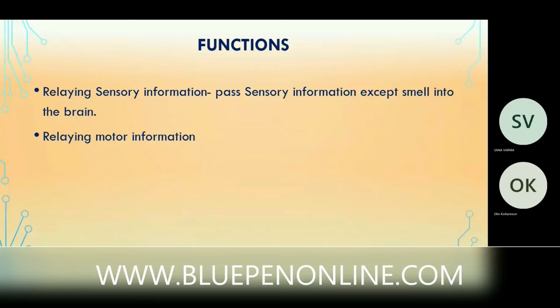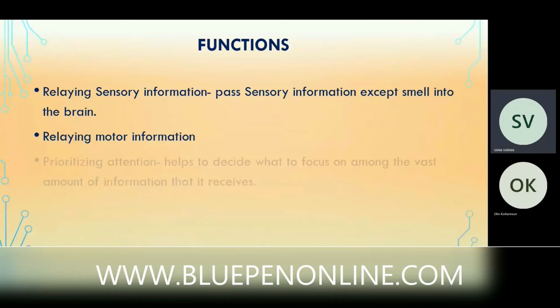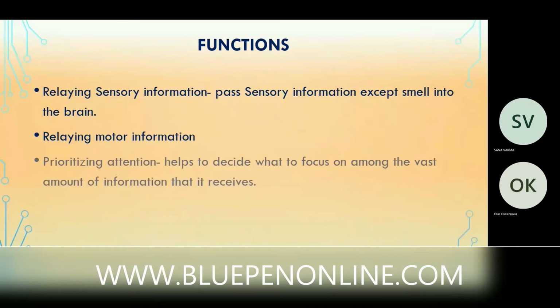Okay. Then next is prioritizing attention. It is the thalamus that helps to decide what to focus on among the vast amount of information that it receives. The thalamus will decide what type of information should be prioritized.